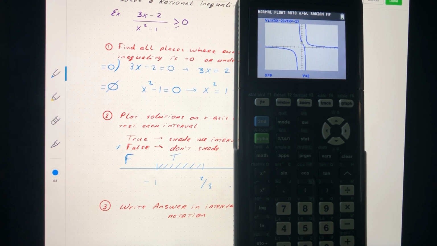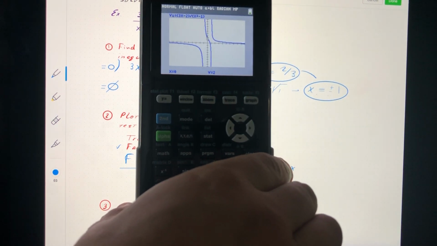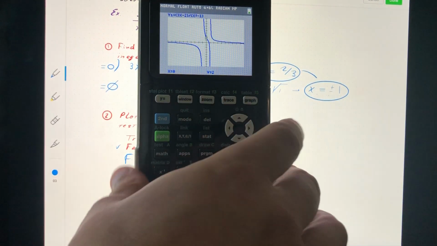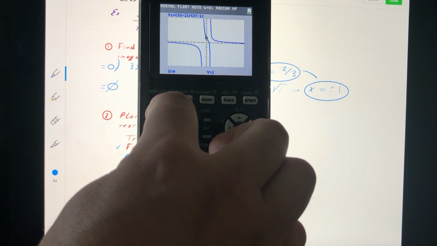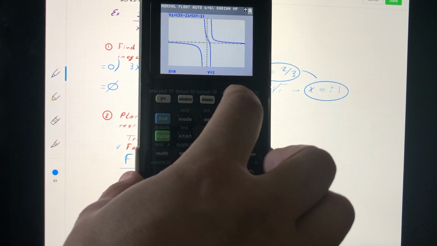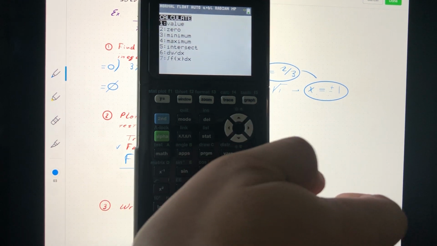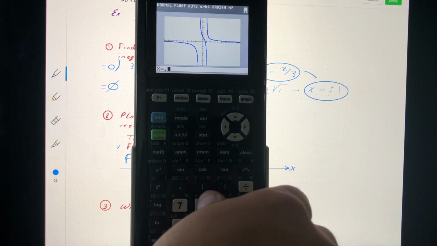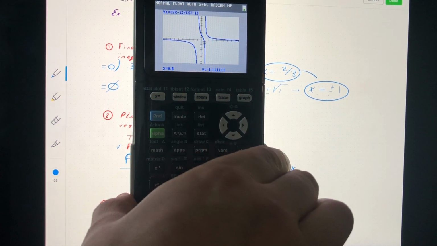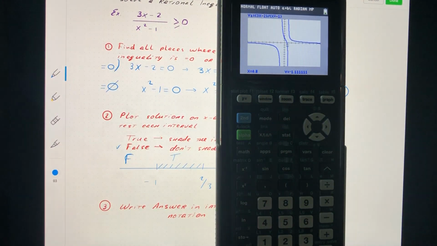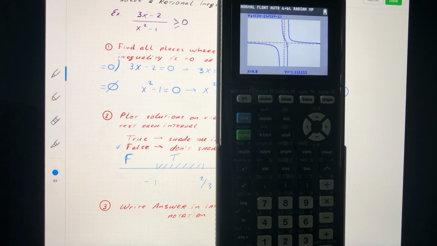Then we try something between 2/3 and 1. 2/3 happens to be 0.66 and goes on forever. So we need something like 0.7, 0.8 would be good enough. So again, let's try 0.8. That comes out to be -1 point something. Negative numbers are not greater than 0, which means it's false.